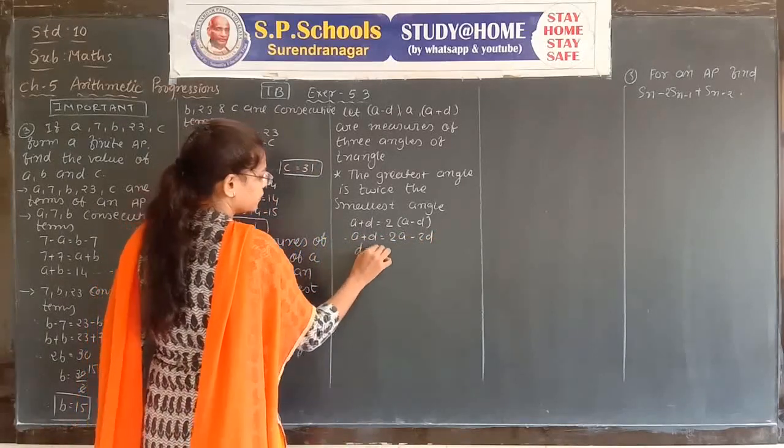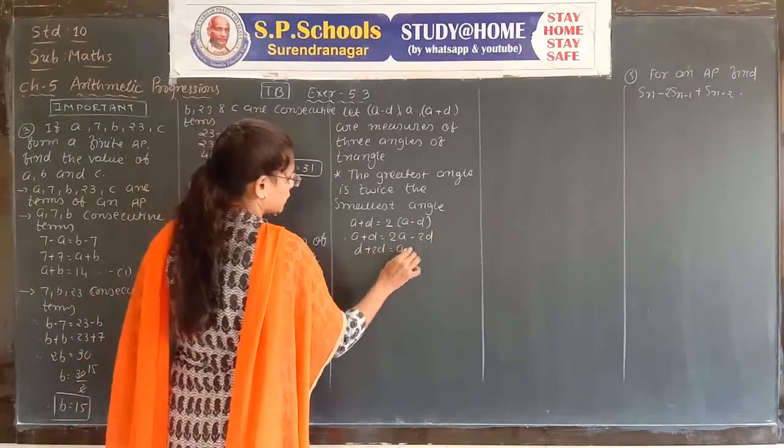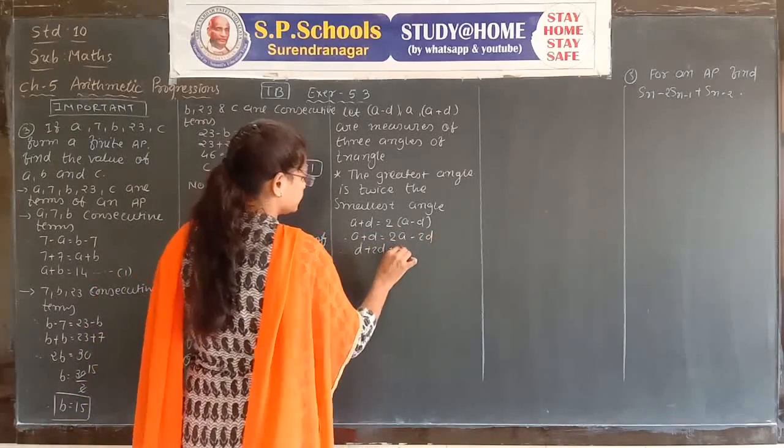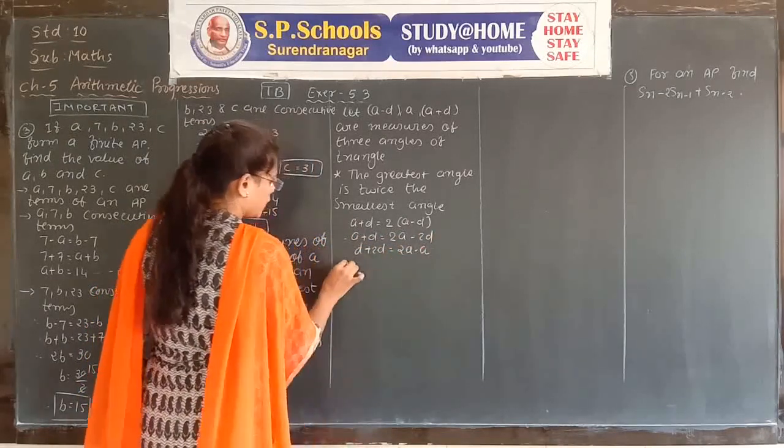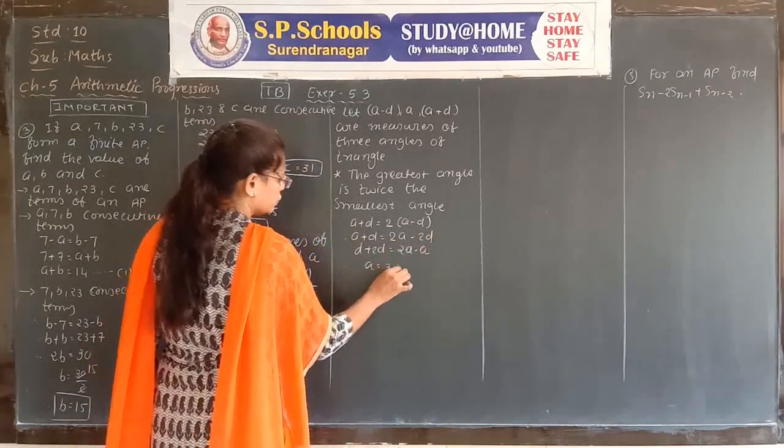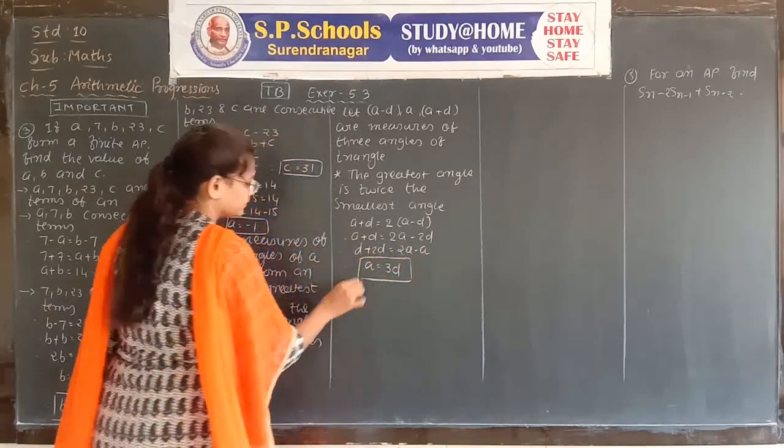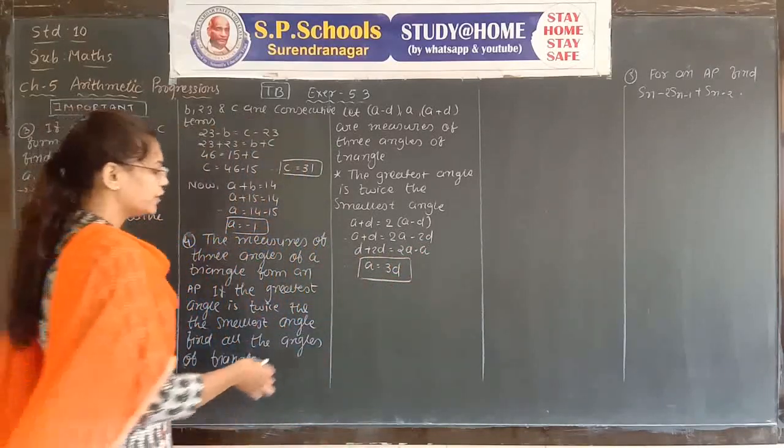Therefore, D plus 2D is equal to 2A minus A. Therefore, A is equal to 3D. The value of A in terms of D is obtained here.